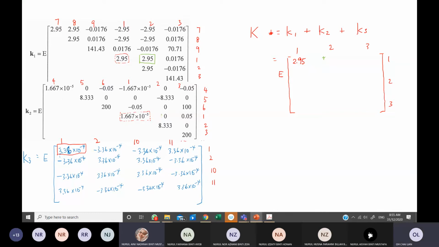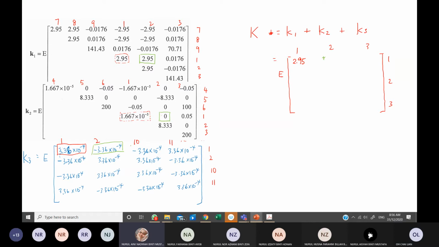I think we are at K12. 2.95 plus 1, 2, so plus 0. Yes, 0, right? So 1, 2 is not there.